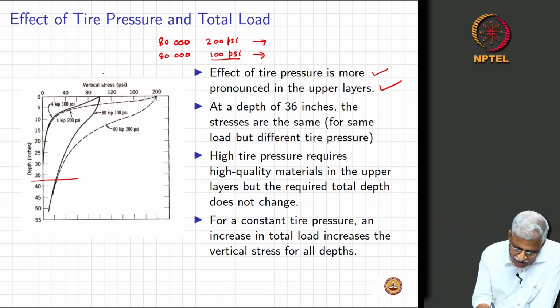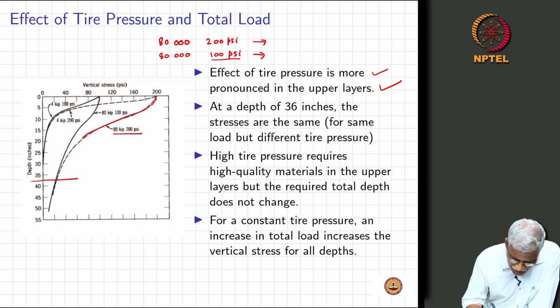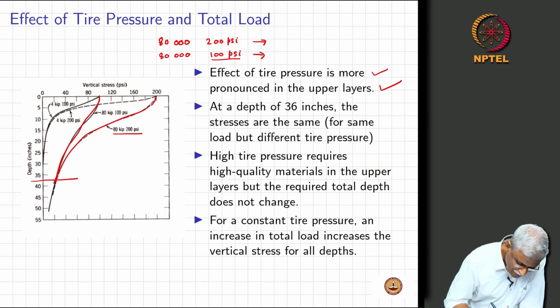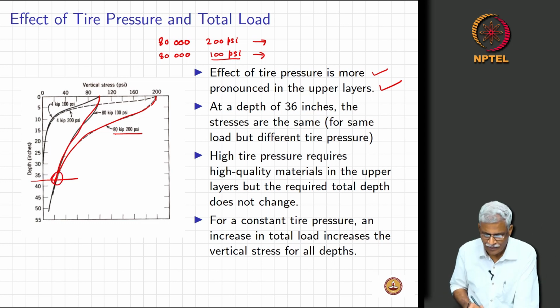So, when I am looking at the vertical stress, if it is 200 psi, you are going to see very clearly. One is 80,000 and 200 psi, another is 80,000 and 100 psi. See how exactly the variation is happening. From 200 you can see how much stress is going to happen, but they all come and meet at one particular point here.